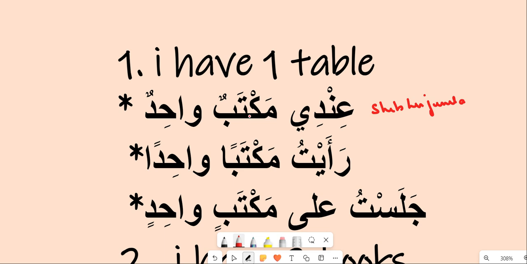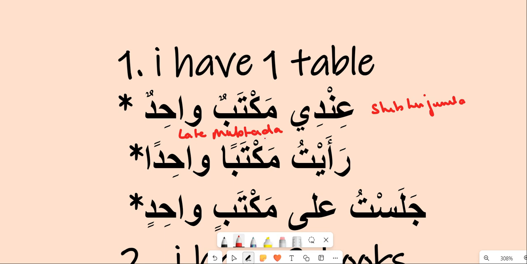So whenever it happens that the mubtada is a nakira, it is pushed back and is called late mubtada. The reason for the mubtada to be pushed back is only that it is nakira, it's not marifa.